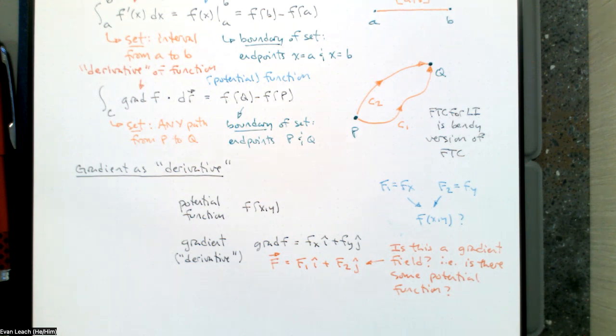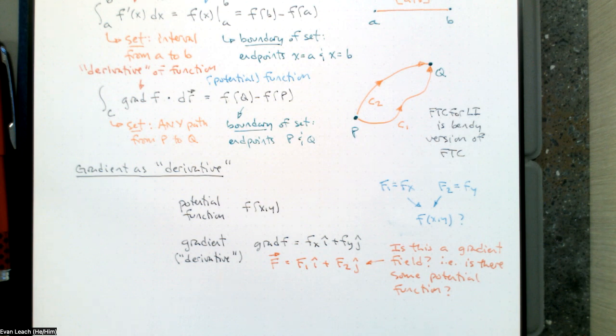One way we can find this out is to go one level down from the derivatives. We think to ourselves, well, if f1 and f2 are the first partials of some potential function, then the mixed second partials should be equal.